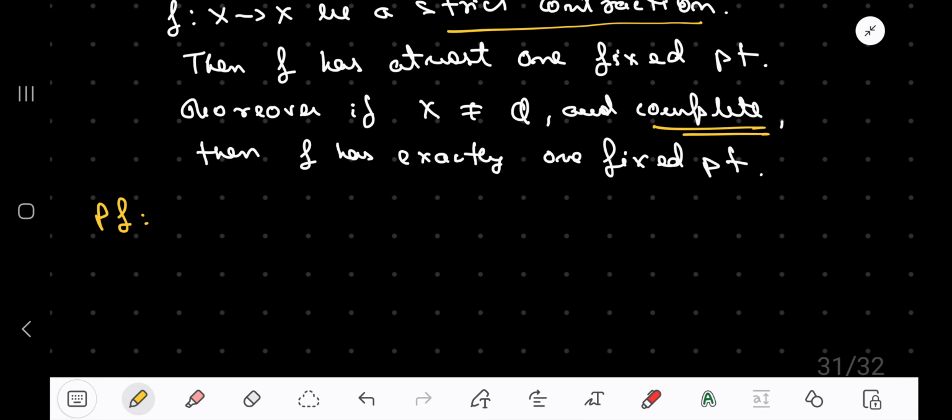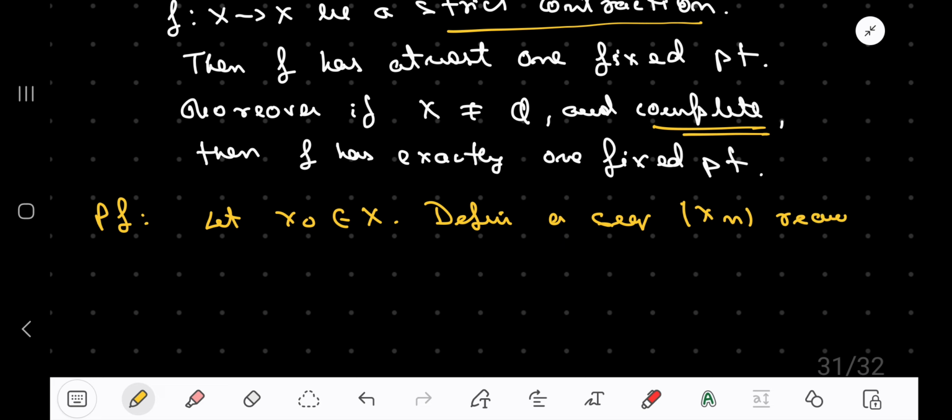So let x0 be in X, and define a sequence x_n recursively.